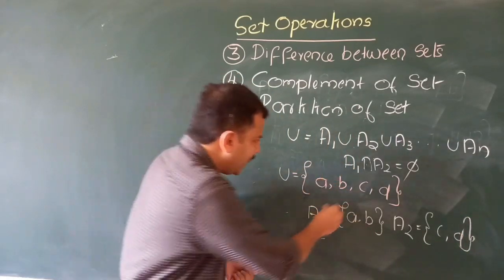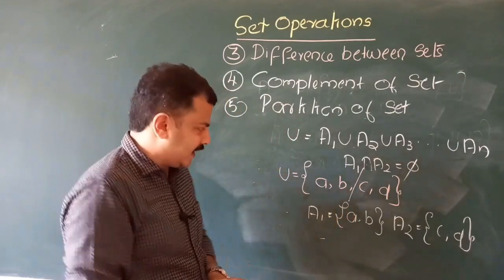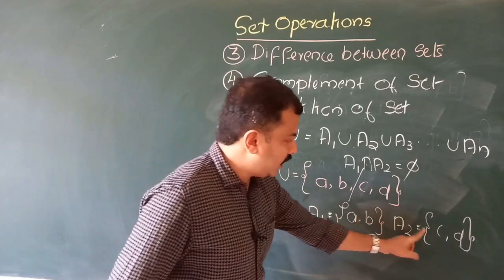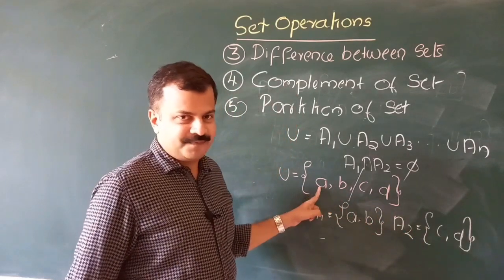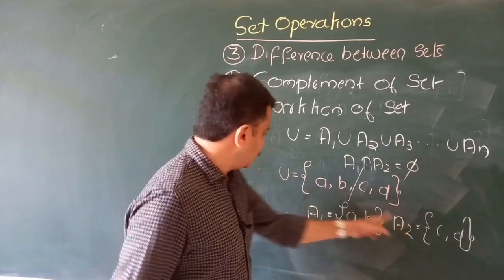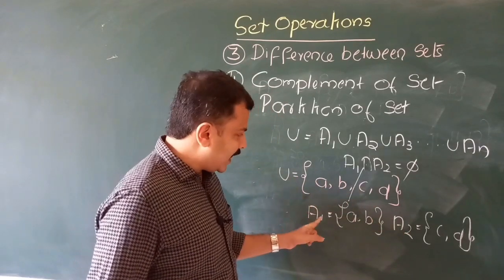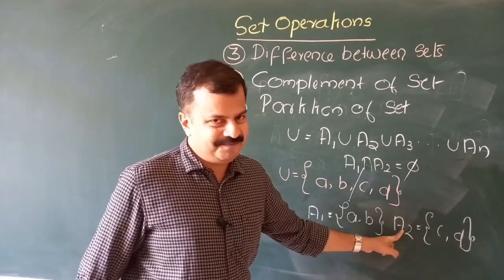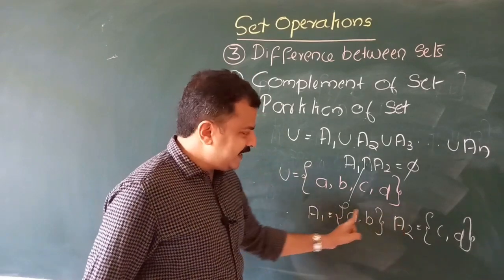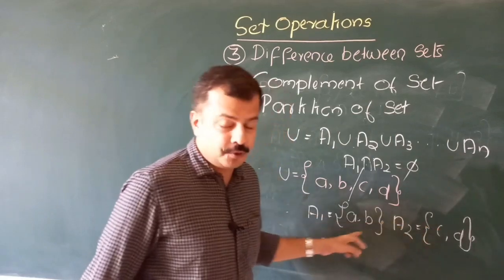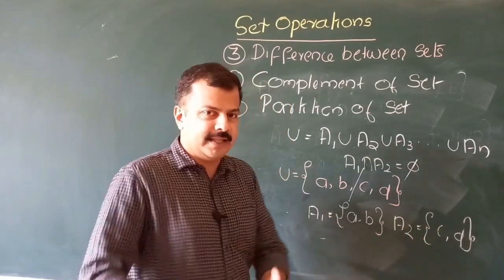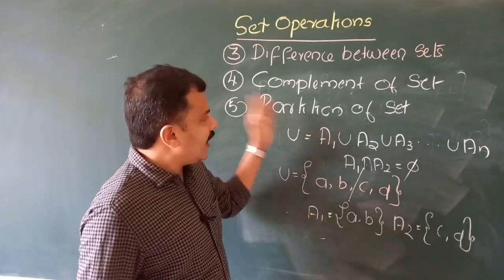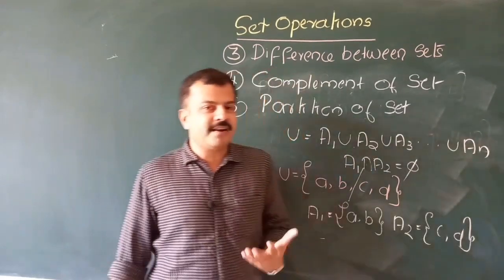You have made a partition of the original set, and if you calculate the union of these two sets, A1 union A2, you will get the original set. That means A1 union A2 will be U, and again you can see that A1 intersection A2 will be an empty set. Clear? Because there are no common elements, obviously they are mutually exclusive, non-overlapping sets. So that's the meaning of how to make a partition of a set.